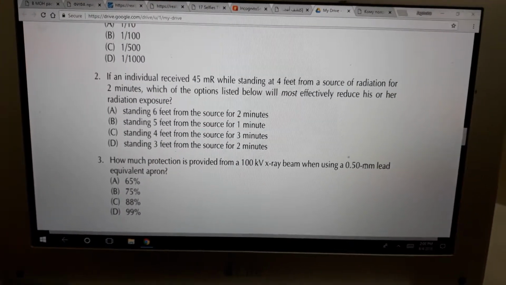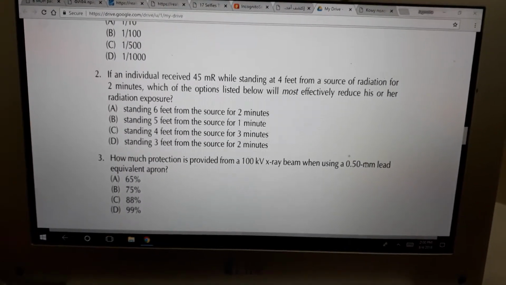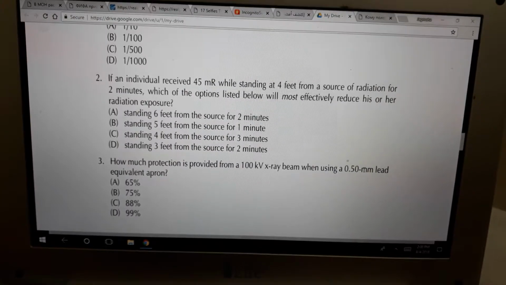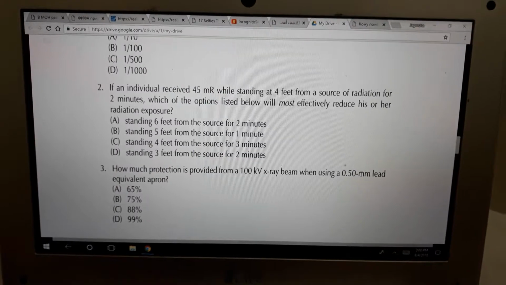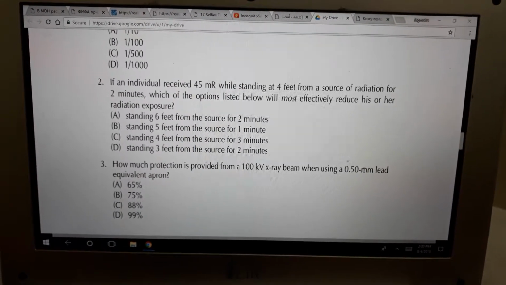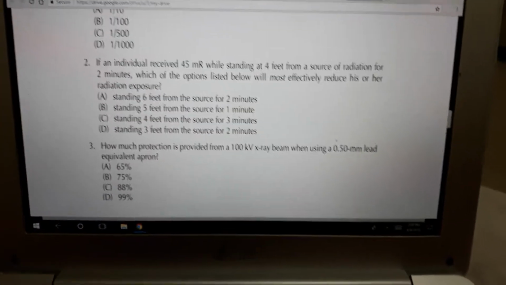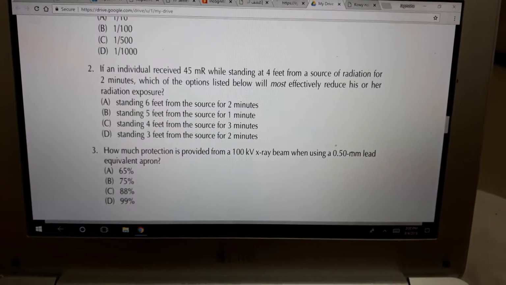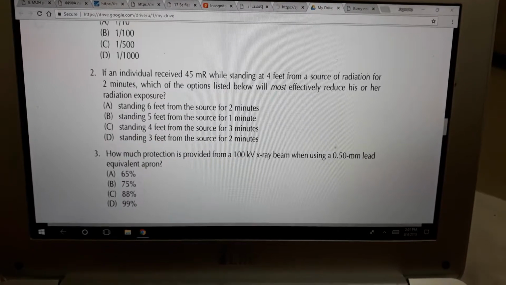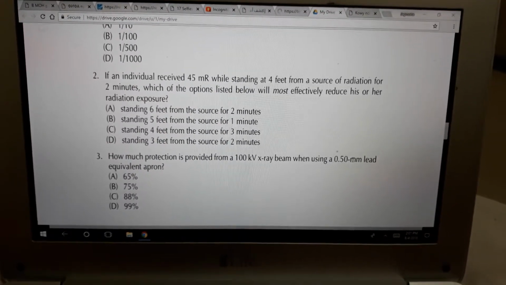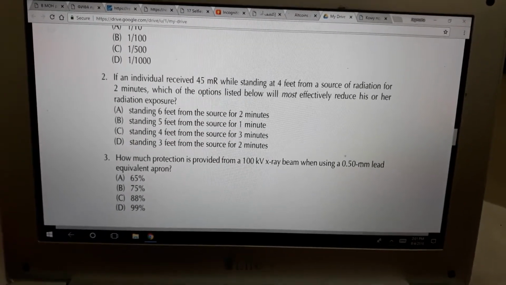Here the rule is I1 over I2 equals D2 squared over D1 squared. How much protection is provided at 100 kV while using 0.5 mm? 88, maybe.